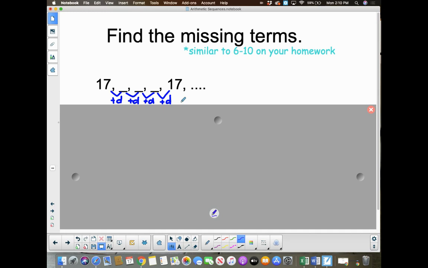So I had to take 17, I had to add 4 common differences, so another way to say that is 4D, to get me 17. If you notice, I'm going to have to add nothing to stay with the same thing, but we'll see that if we subtracted our 17, our common difference would have to be 0. So then our sequence would continue from there.